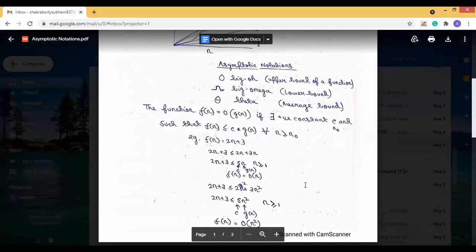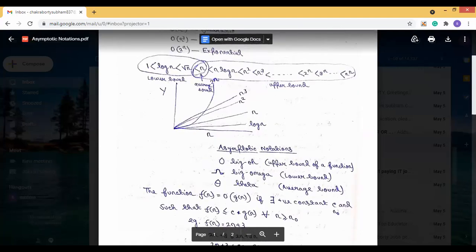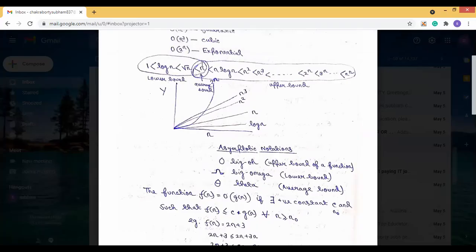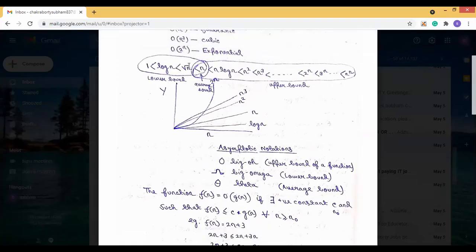Now, in the case of big O notation, we can put n log n, n square, and such values. In the case of omega notation, we can also mention root over n, log n, 1, because omega notation is the lower bound of any function. So we can mention n, root over n, log n, 1, all these values here.